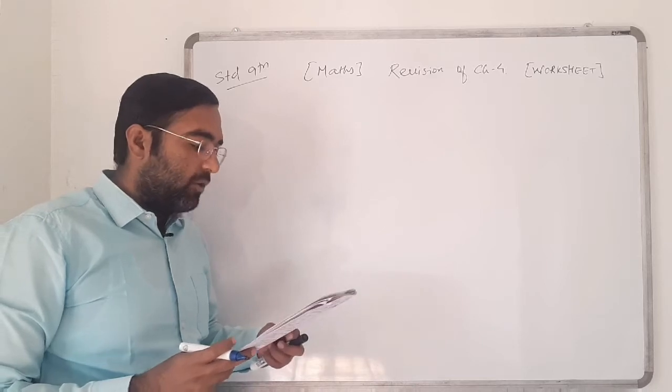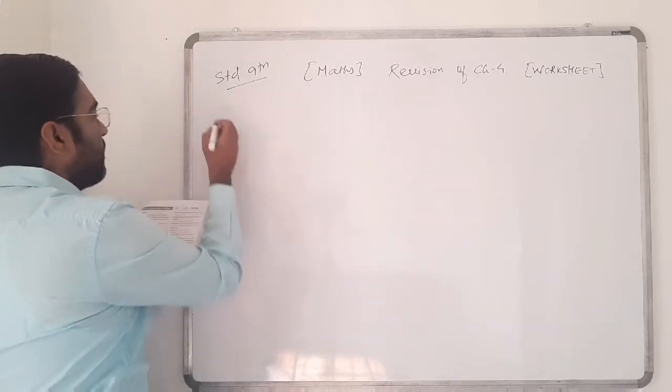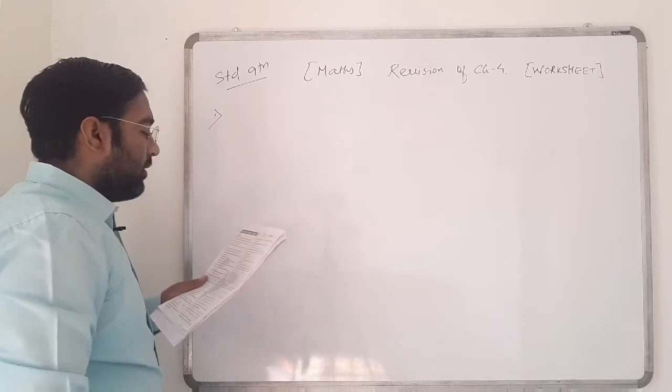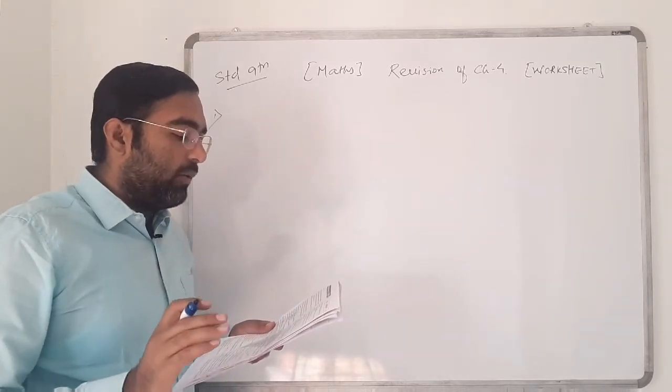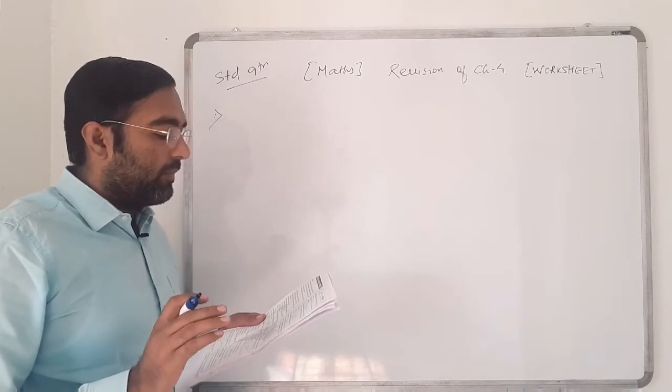So in the first one, the cost of a notebook is twice the cost of a pen. Write the linear equation in two variables to represent this statement.